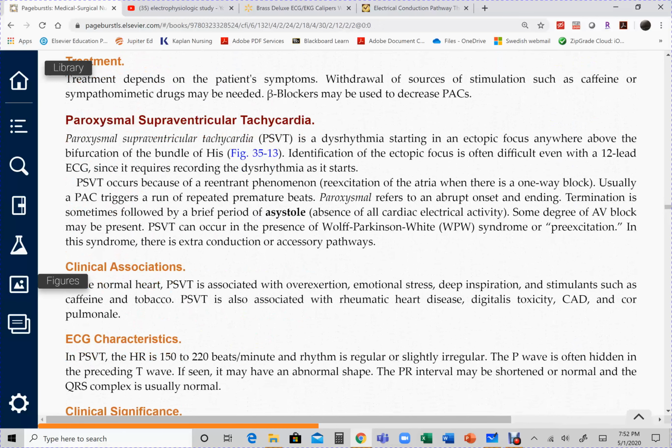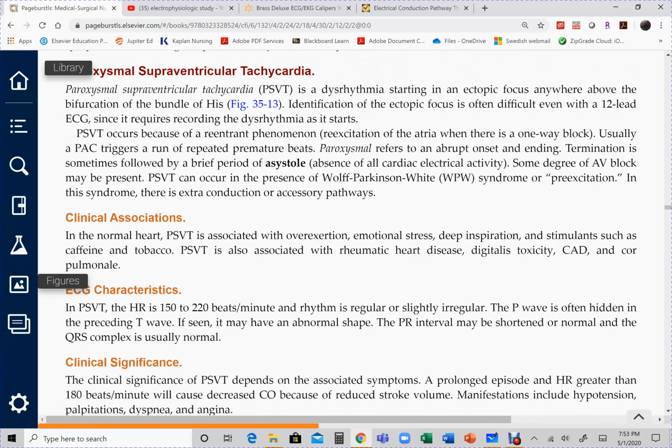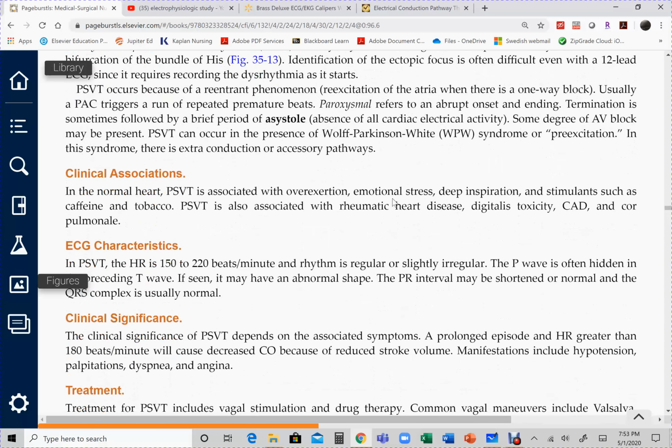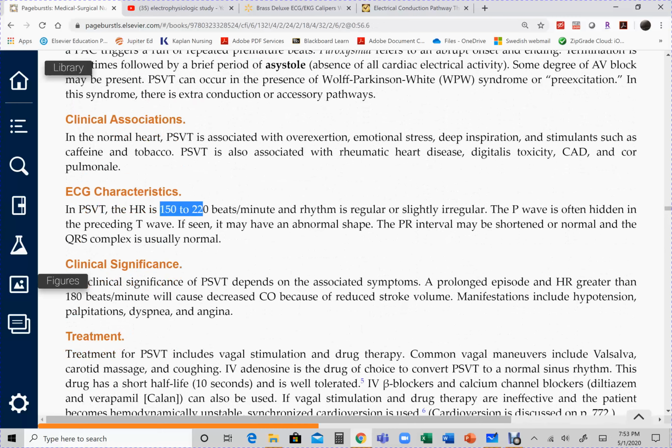PSVT looks like sinus tach, but it's way higher. Okay, the heart rate is way higher, plus the PR interval is obviously very narrow. It's no longer normal. I mean, it's understandable. Look at the heart rate here. It's already 150 to 220.